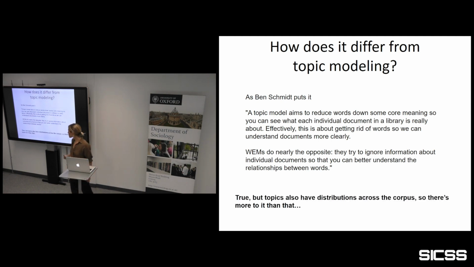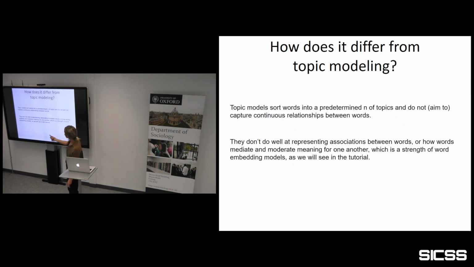I mostly agree with this, but topic models have distributions of topics across corpora as well. So you do have this kind of sense of relationships between words in different contexts. So there's a little bit more to it. One is that in topic models, you sort words into a predetermined number of topics, and you don't try to create these continual vector space relationships between the words.